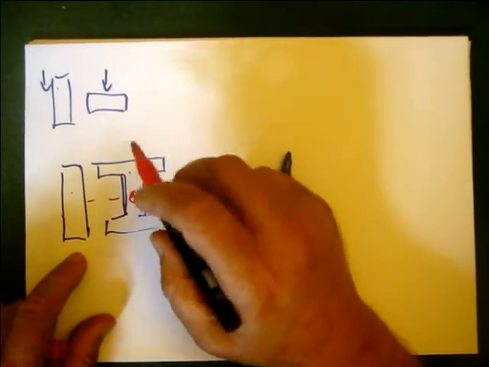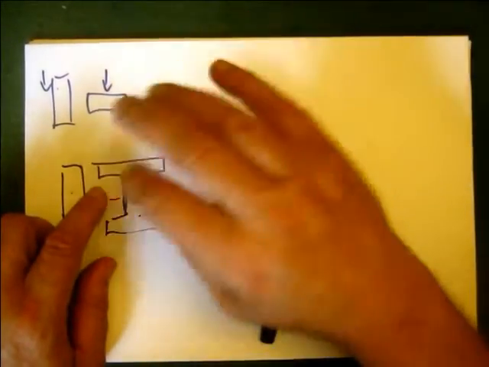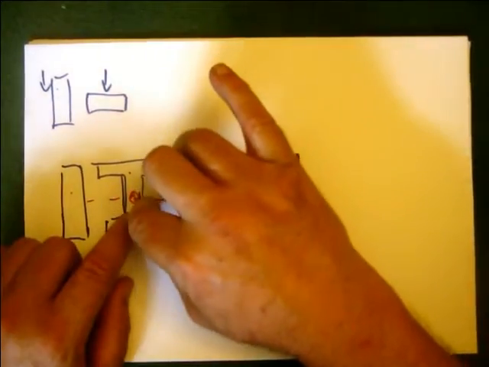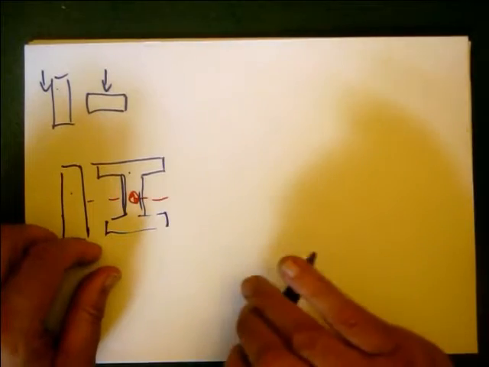the strength of the structure depends not only upon the amount of steel, or the aluminium or whatever, but how far away we can get it from that line. And this is the second moment of area.